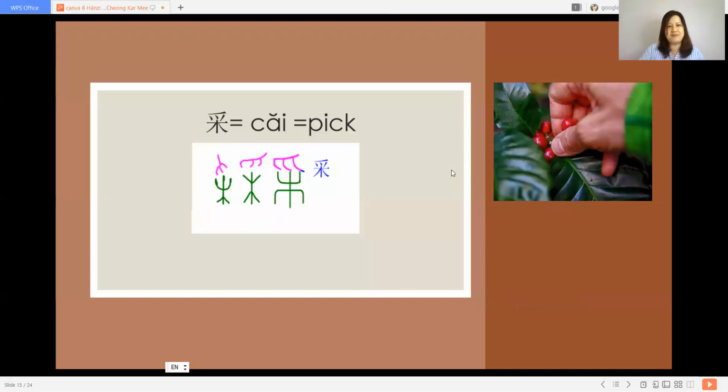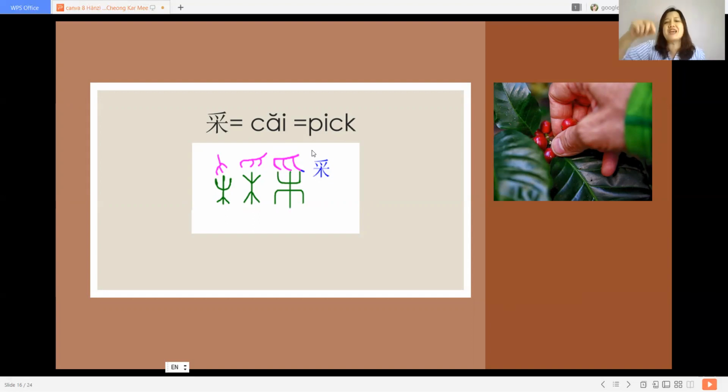For example, this one. Okay, you see, this word is pronounced as cai, which means pick. You pick the fruits. This word consists of two portions. The upper part actually is our hand. Remember, the zhua is like our hand. So the bottom part is what? The bottom part is the fruit. It means you put your hand on top of the fruit or maybe the bushes.